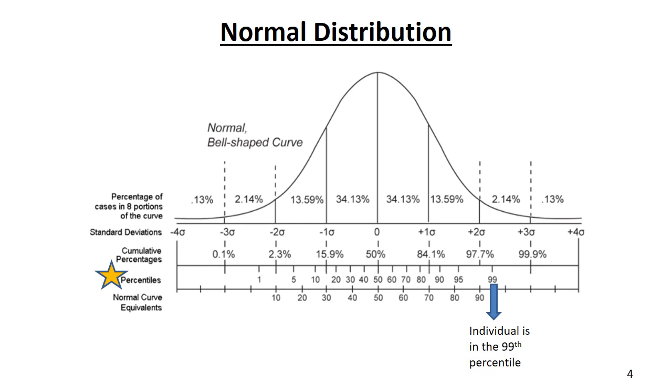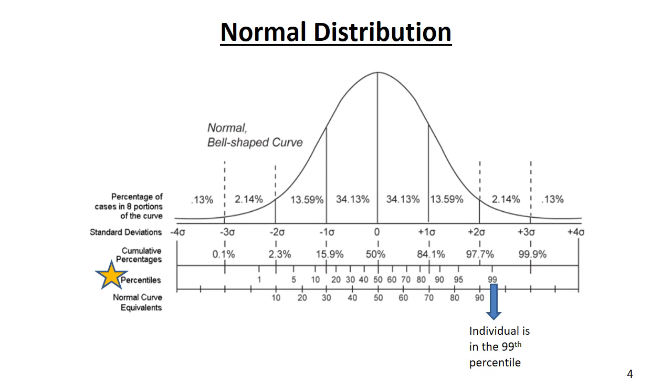When you look at cumulative percentages, which add up over time, 0.1, 2.3, 15.9, 50, 84, 97.9, 99.9, if you remember, that pretty much coincides with the groupings of these standard deviations together.